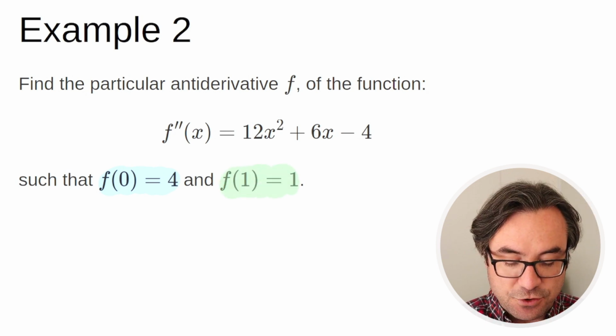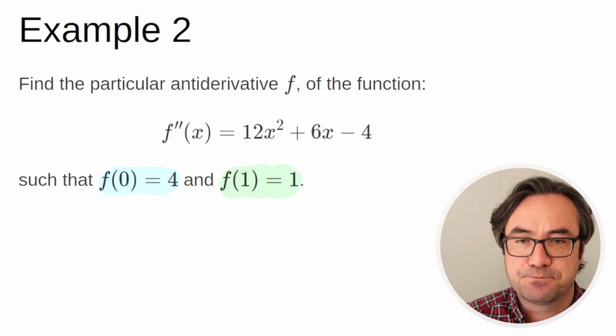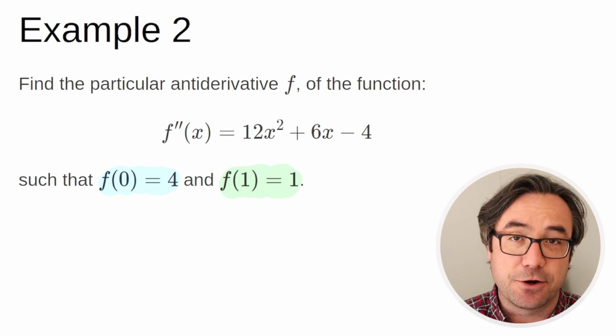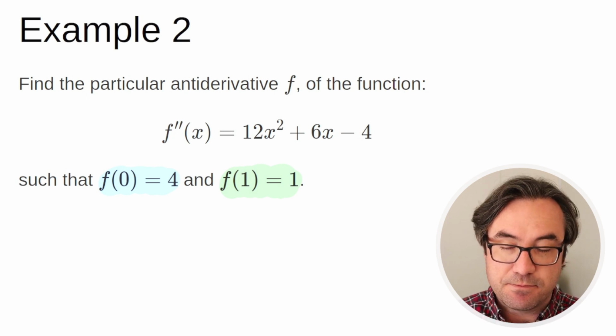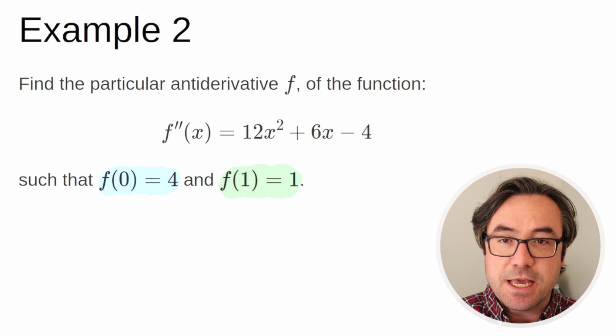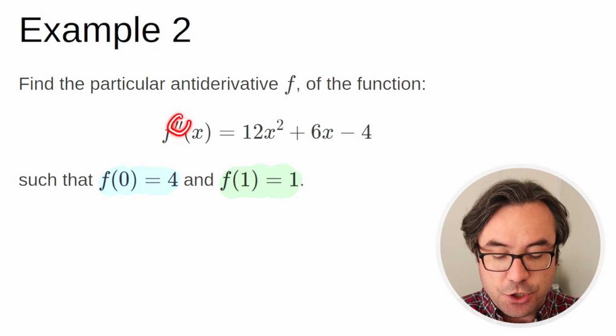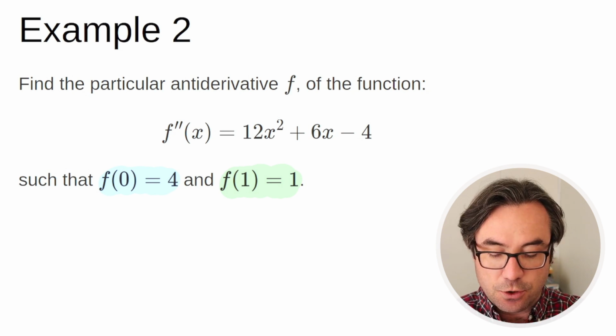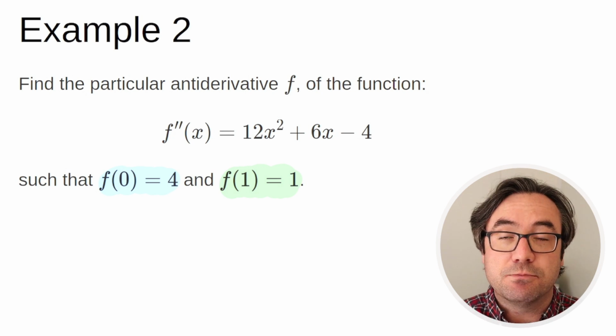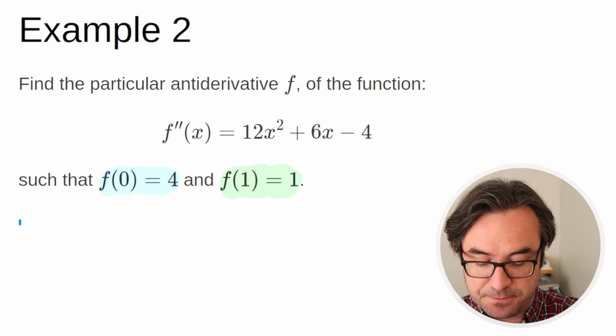So we have two initial conditions here, and we're going to use those a little later. The first step is to undo both of those derivatives, so our first step is to figure out the general antiderivative.